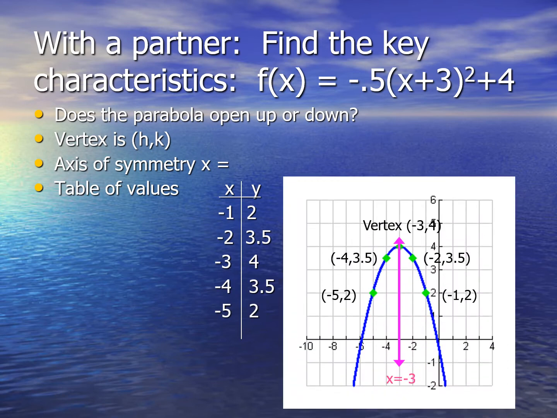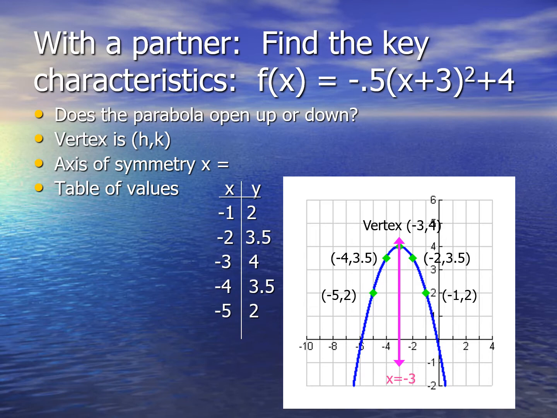And the vertex is at (negative 3, 4). The axis of symmetry is x equals negative 3. And that's it. We have these points and we have the smooth curve. So this is the graph of the function f(x) equals negative 0.5 times (x plus 3) squared plus 4.